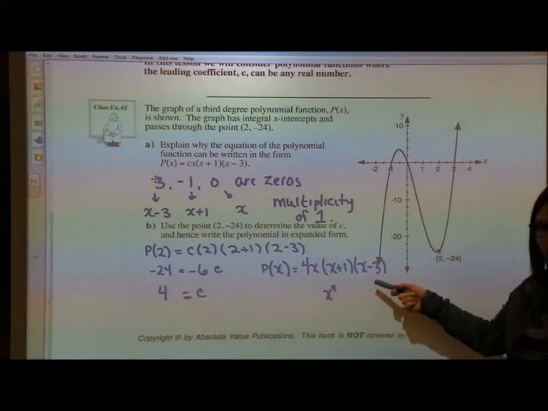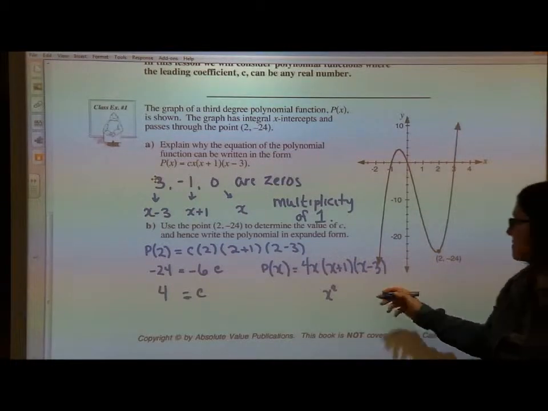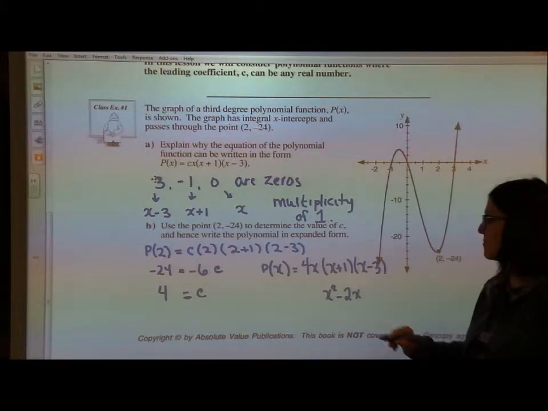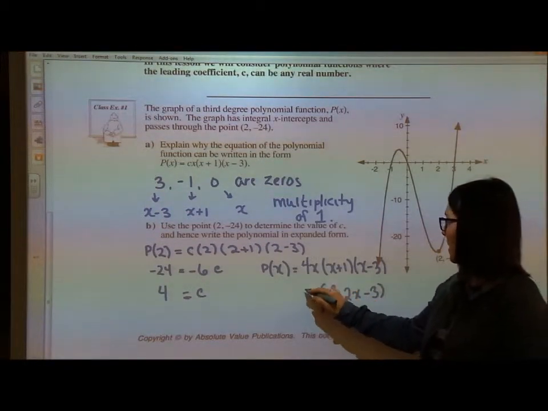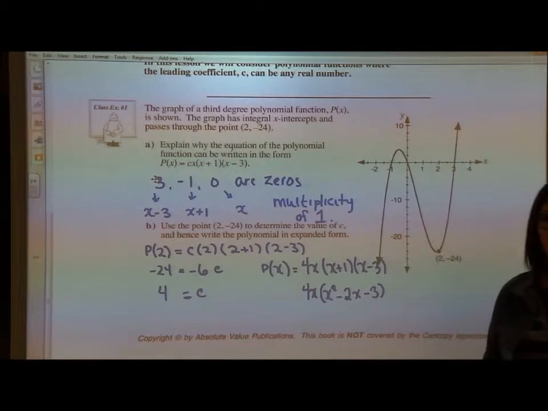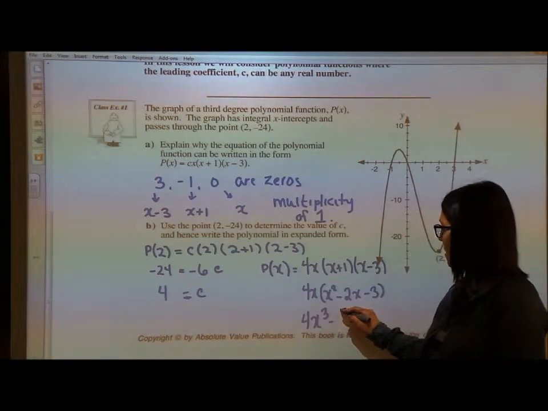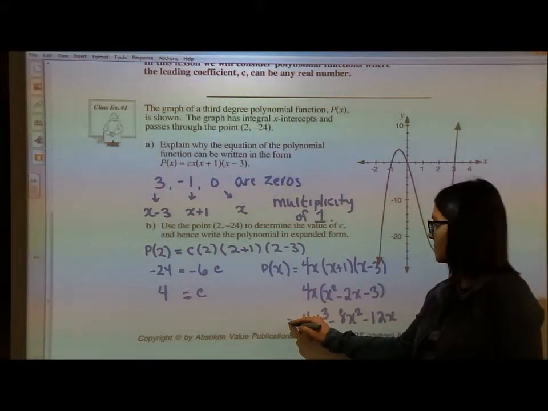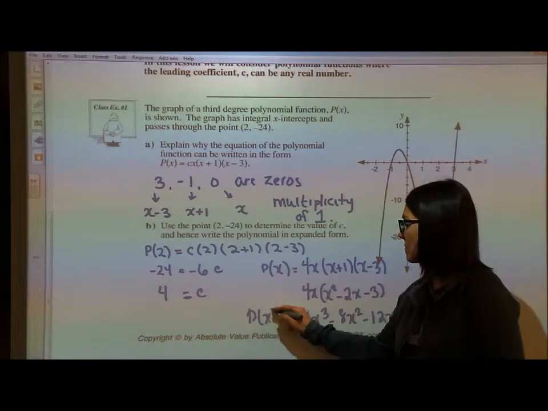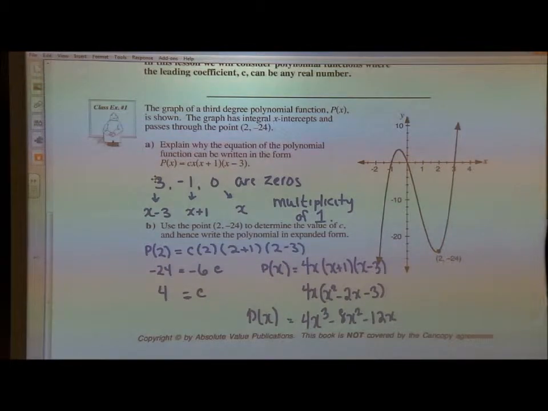So if I take a negative 3x and a positive x together, I would get negative 2x, and then 1 times negative 3 is negative 3. And then I would multiply that by my 4x. So my final polynomial would be 4x cubed minus 8x squared minus 12x. That's how we deal with leading coefficients.